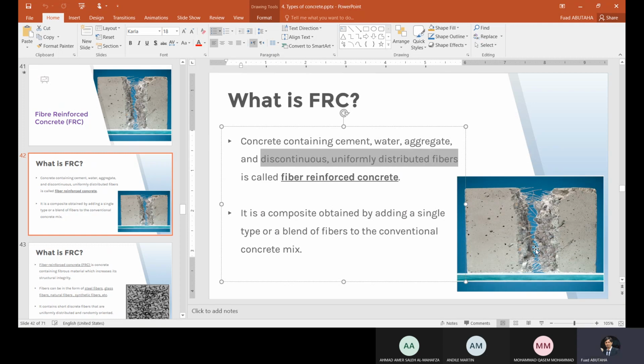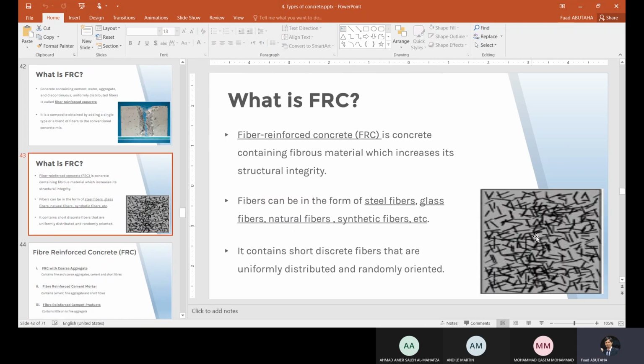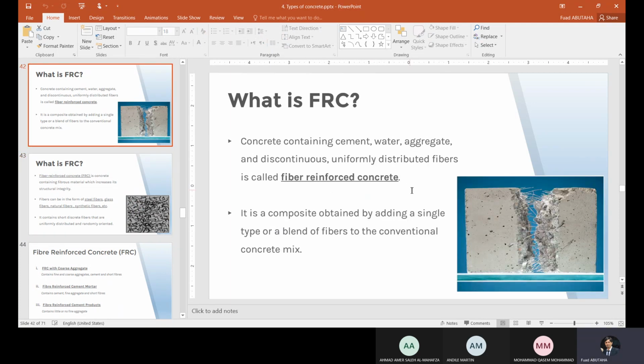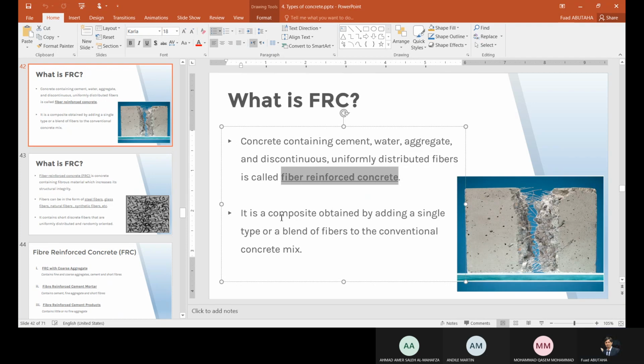It is generally normal concrete, but we add discontinuous fiber, randomly distributed in the mix. This is what it means. So after we have normal concrete with fiber, we call it fiber reinforced concrete.